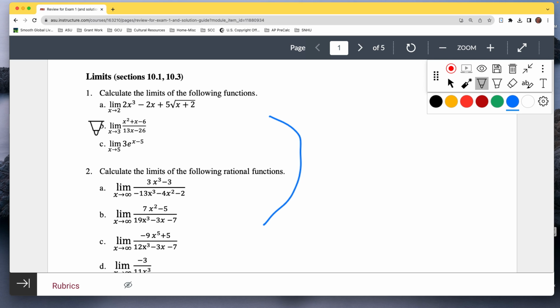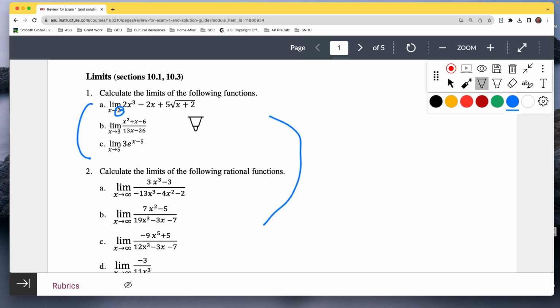But when we're not going to infinity, if it's not going to infinity, what we're looking for is what is the value as we get close to that number. So on this one, x is going towards 2.